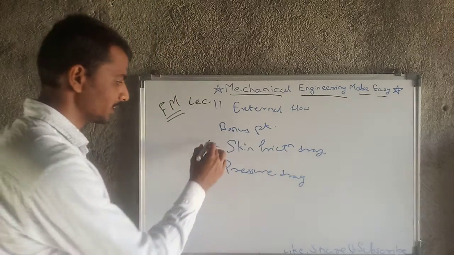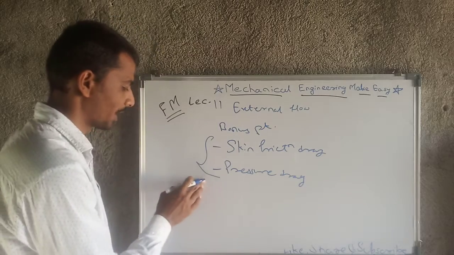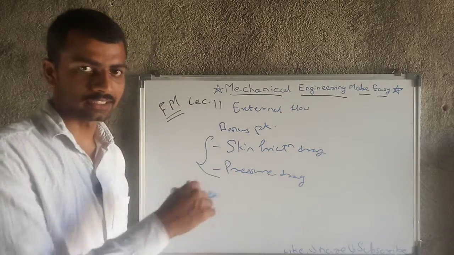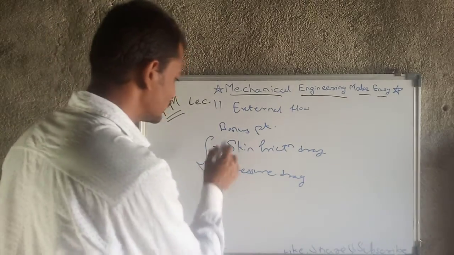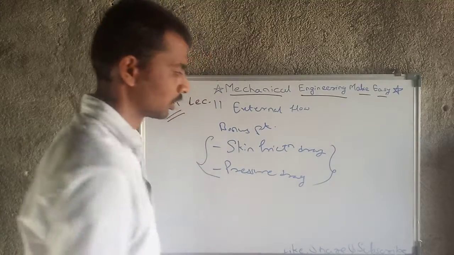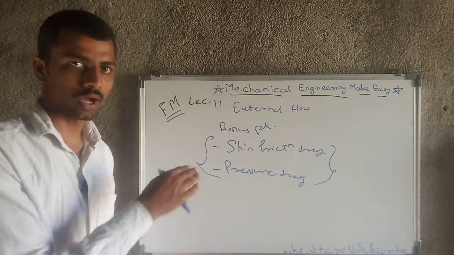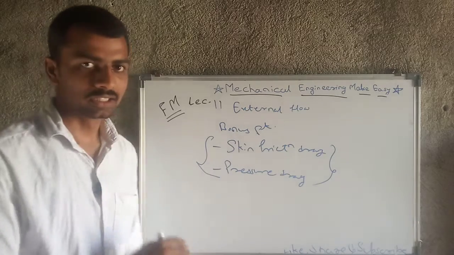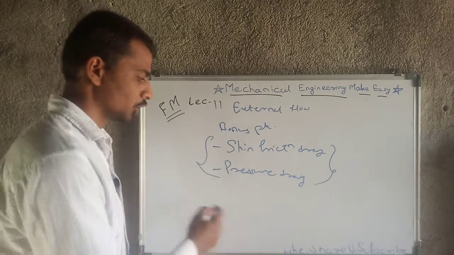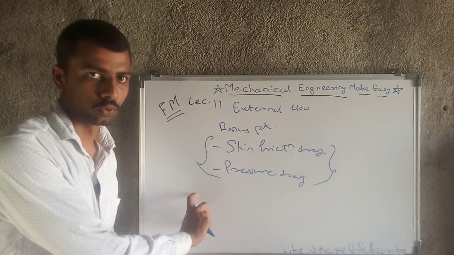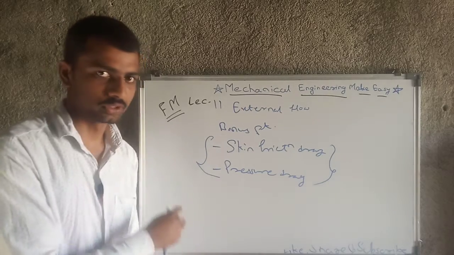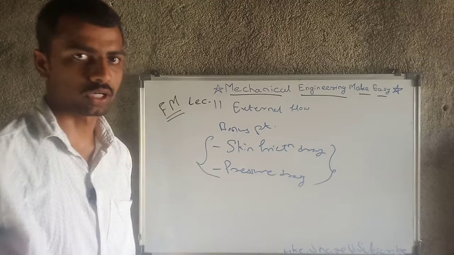Okay, these two drags, skin friction and pressure drag, are important from the GATE point of view, and the other drags are not too important. Only their names are important, not any other concept. Because they are not going to ask you questions very deeply, they will only give you numericals on the drag force and the lift force. Those two formulas are very important.